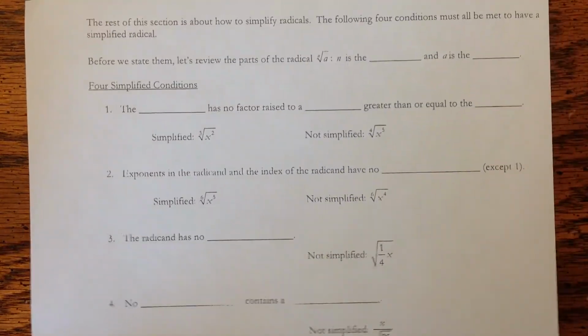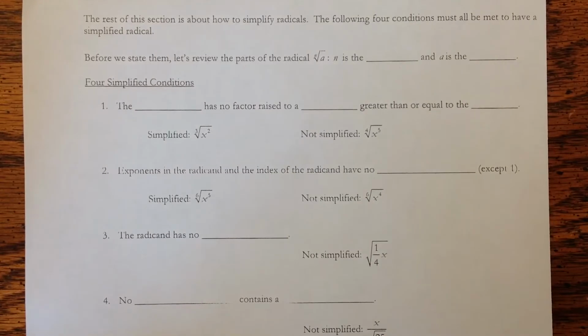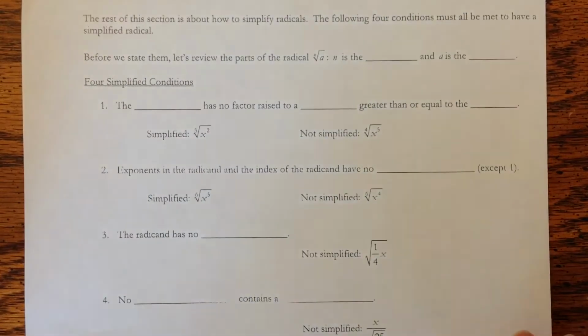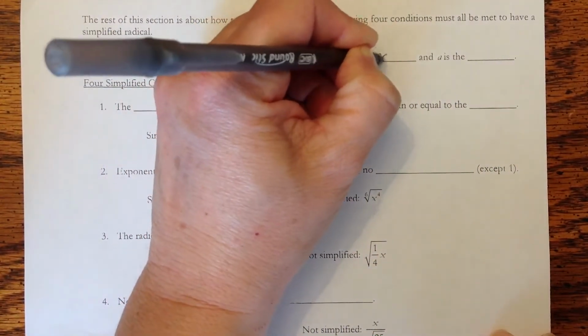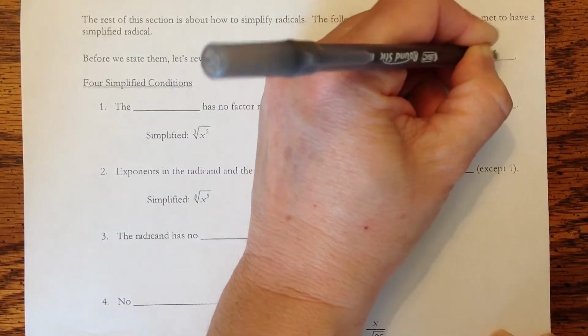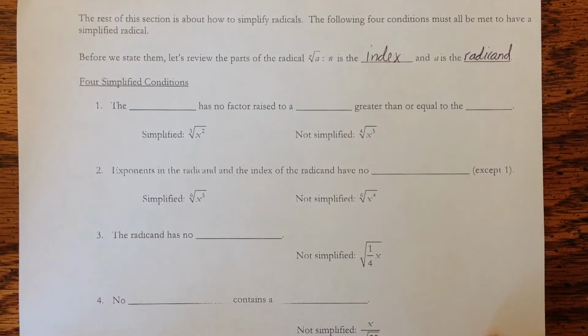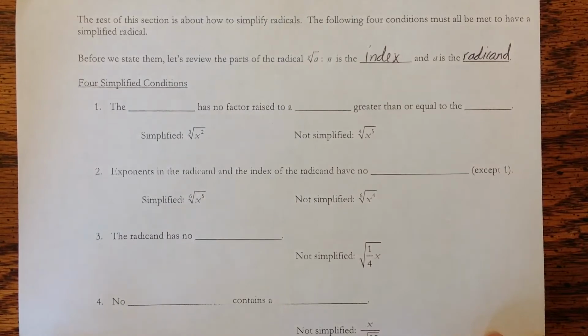Now the other half of 7.3 is about learning that all radicals need to be in simplest form. So let's review parts of a radical. So the nth root of a, n is the index, and a is the radicand. So there are 4 conditions that must be met for a radical to be in simplest form.